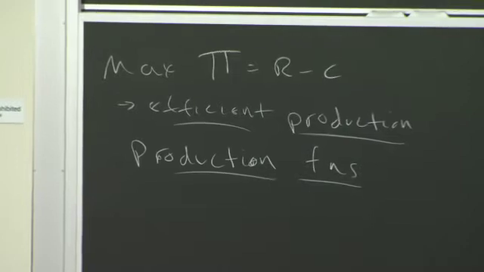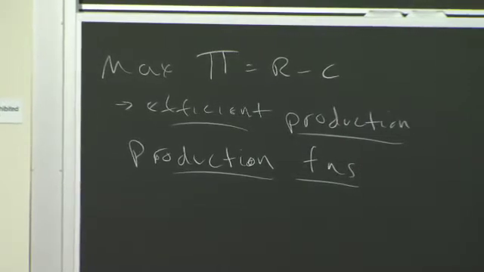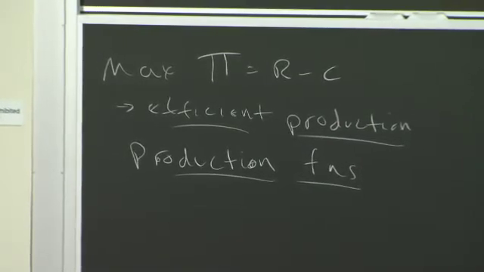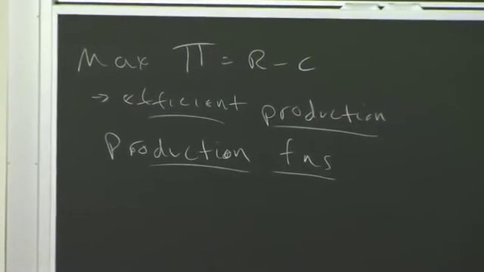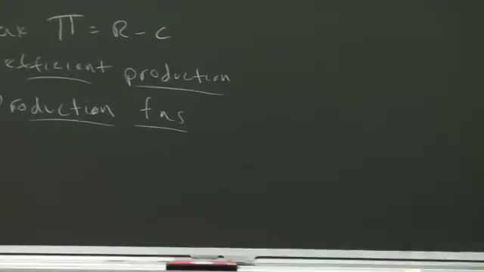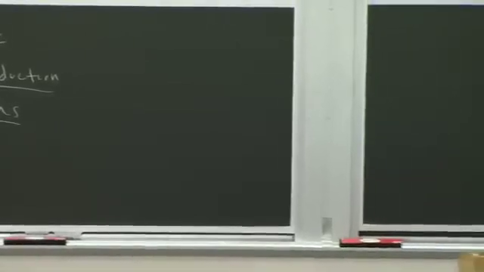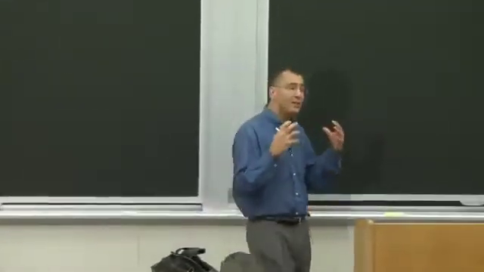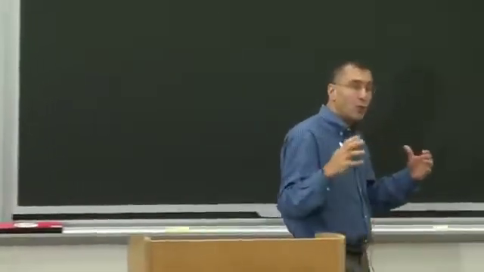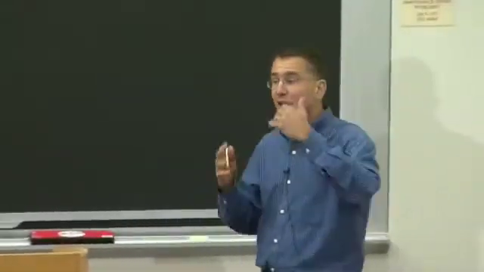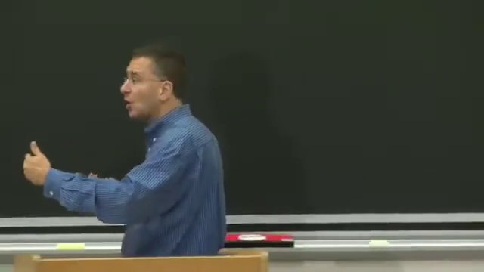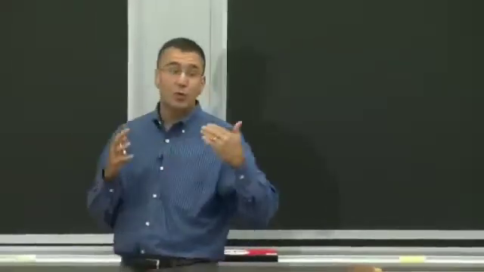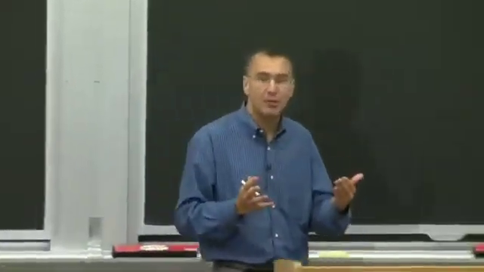That's essentially the technology by which a firm takes inputs, or what we call factors of production, and turns them into outputs. Just like your utility function is a tool through which we take bundles of goods and turn them into happiness, a production function is a tool through which we take bundles of inputs and turn them into outputs.